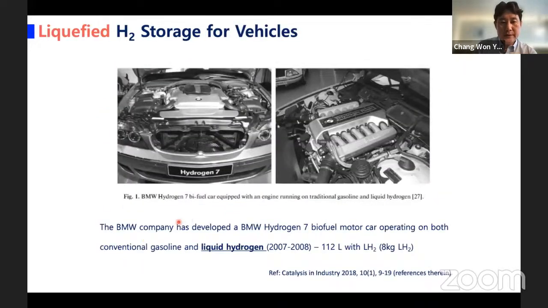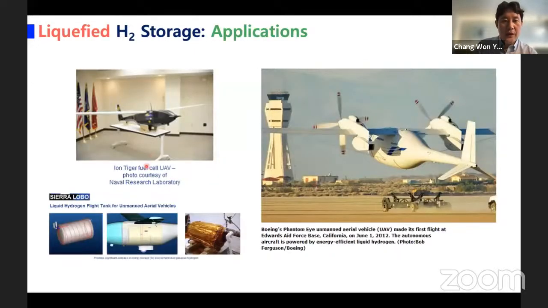So this is a real example. The BMW company developed the Hydrogen 7 bi-fuel motor. They use liquid hydrogen, over 100 liters of liquid hydrogen, which means you can store 8 kilograms of hydrogen. And the Ion Tiger fuel cell UAV, meaning unmanned aerial vehicle, is a kind of drone developed by the US Naval Research Lab.